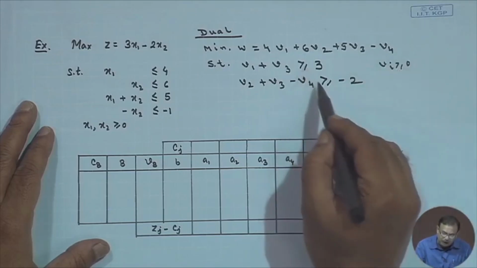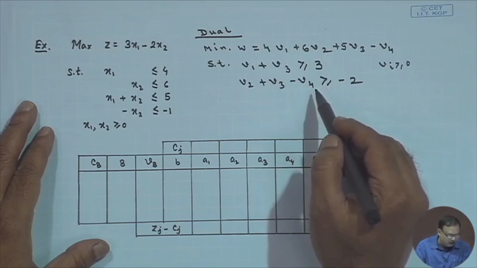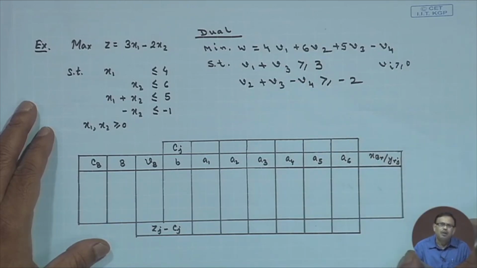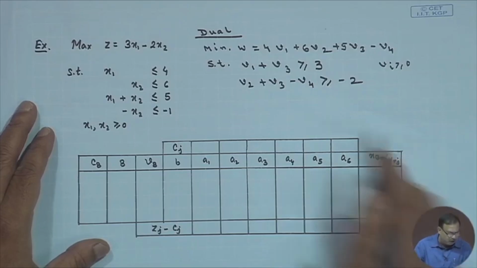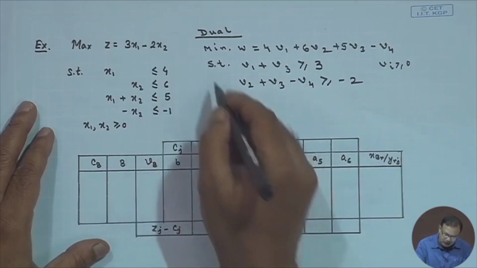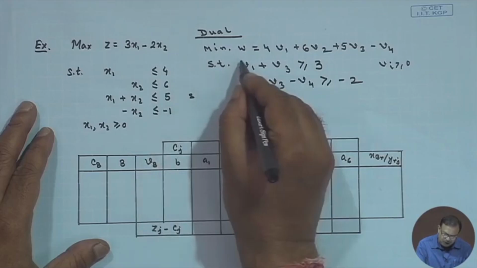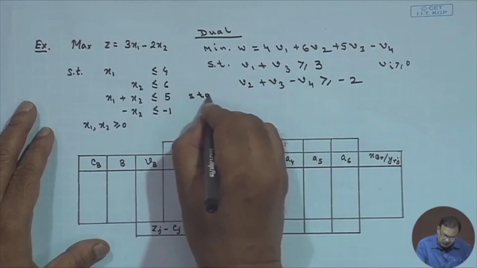Now, since it is greater than equals, I can write it in the standard form, because we have solved maximization problems only, with constraints of less than equals type. So, directly I am writing this in standard form. This is the dual of the original problem.